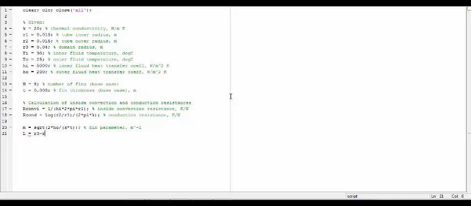It's going to be R3 minus R2. Of course, we can put these together under a single parameter called ML. So we'll call this the dimensionless fin length. So the fin efficiency, eta sub f, we'll call it E F, it's going to be the hyperbolic tangent of ML divided by ML.